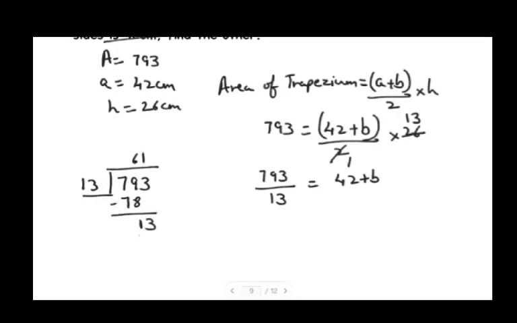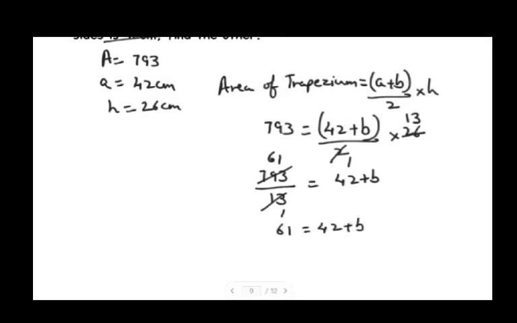You need to know your tables, children. So 13 1s are 13. 13 61s are 793. So 61 is equal to 42 plus B.